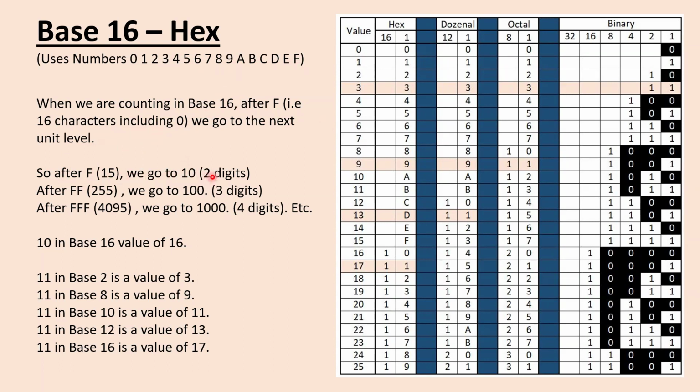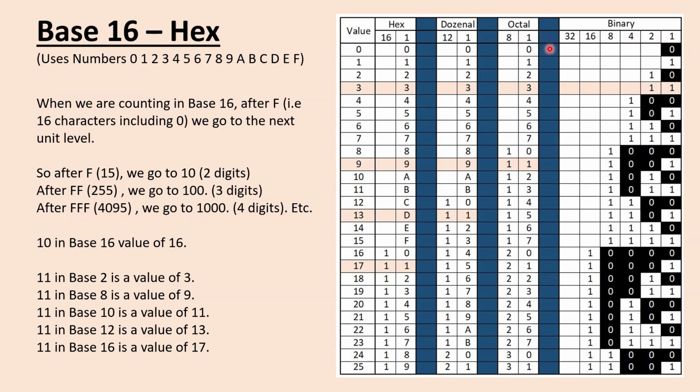We go to 10, 2 digits. So there's 1 digit, now 2 digits. After 2 Fs, which is 255, we go to 100, 3 digits. FFF, the final 3-digit number, which is a decimal value of 4095, we go to 4 digits, 1000.